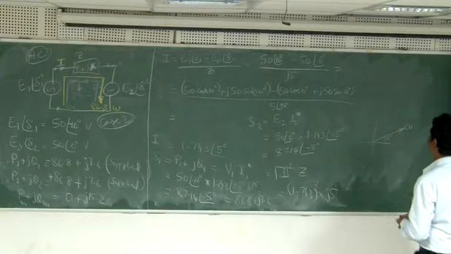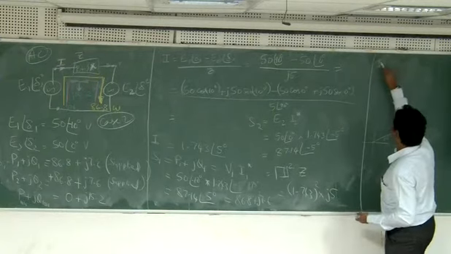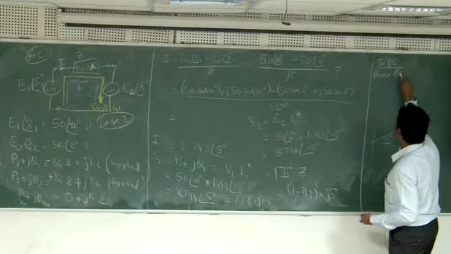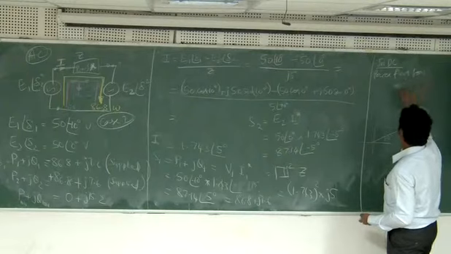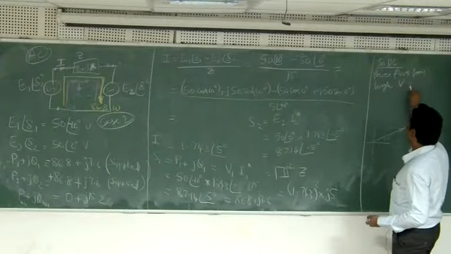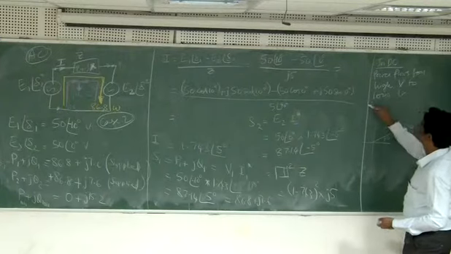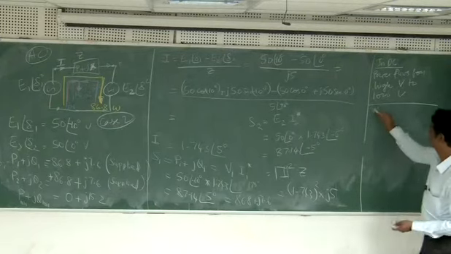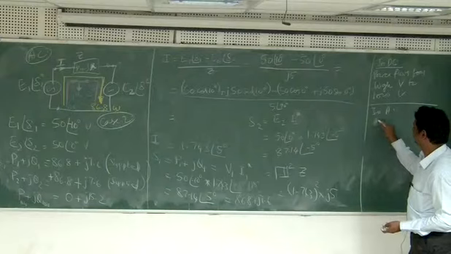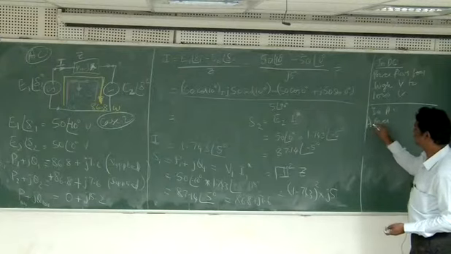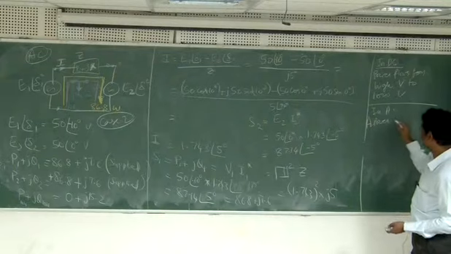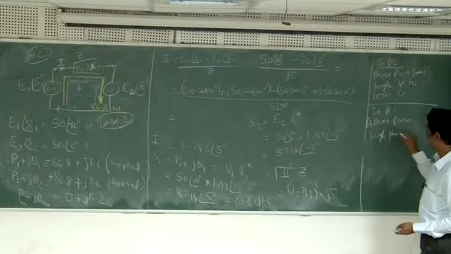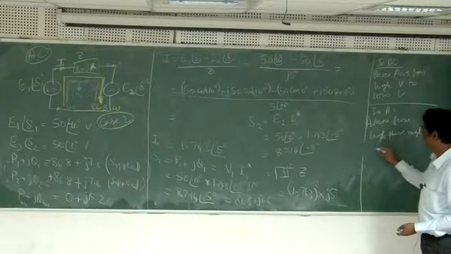So if I want to summarize it, in DC, power flows from high V to low V. Whereas in AC, active power flows from high phase angle to low phase angle.